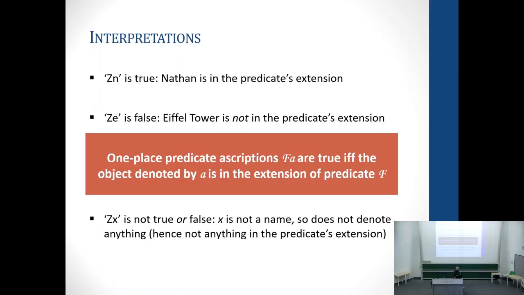So again, Zn in this case is true on this interpretation because the thing named by n, Nathan, is in the extension of the predicate. Ze though, well, Ze in this case, is it true or false if we go back?